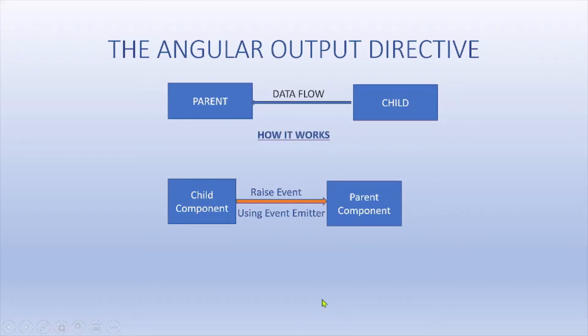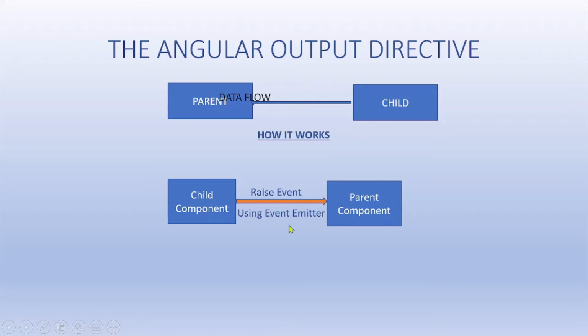The Angular Output Directive allows for data to flow in one direction again, but that's from child to parent. How it works is different from the way the Input Directive works. In the case of the Output Directive, the child component would have to raise an event using the Event Emitter class in order to send or communicate data to the parent component.